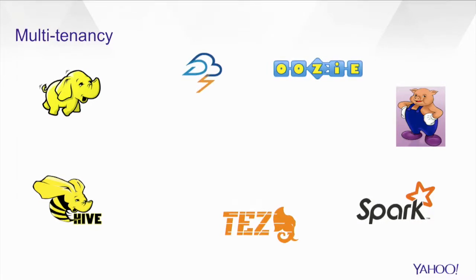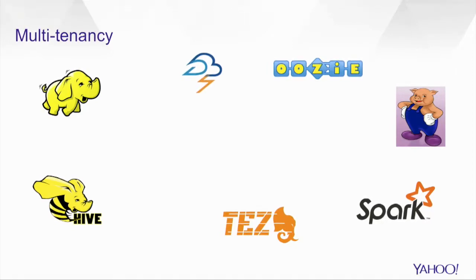For batch, you have Pig, Hive, and Spark, for near real-time processing Storm, and then Oozie for scheduling. We also have users using other custom applications and other frameworks, but these are the most common ones, and these are the ones we actually support as the Hadoop team.